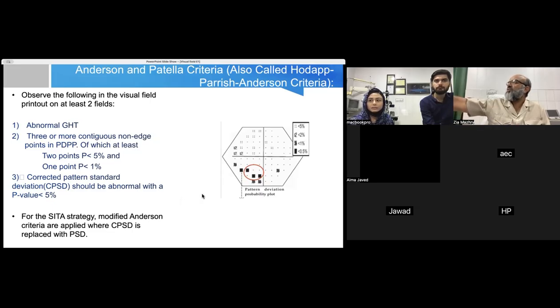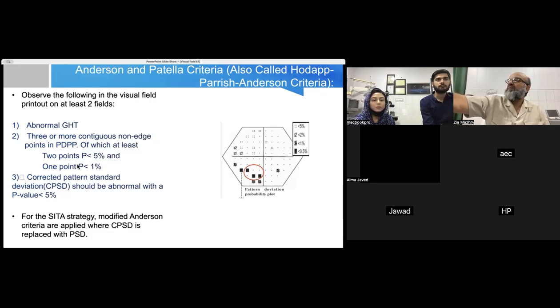ये देखें इसको जरा, वही पॉइंट आ गया ना कि even जो less than 5% वाले हैं वो भी important और 0.5% वाले तो बहुत ही important. कि ये 2 और 3 ये, तो फिर भी वही बात है कि 3 ये इकट्ठे हों और ये नॉन एज है, ये एज है, ये कम important, ये नॉन एज ज्यादा important. ये जो एज के करीब है वो एज इस मैप में, ये एज पॉइंट है. ये जो सेंटर में है जो पेरिफेरी से कम्युनिकेट नहीं कर रहा, ये नॉन एज है, चाहे ब्लैक वाला हो या दूसरा वाला हो.